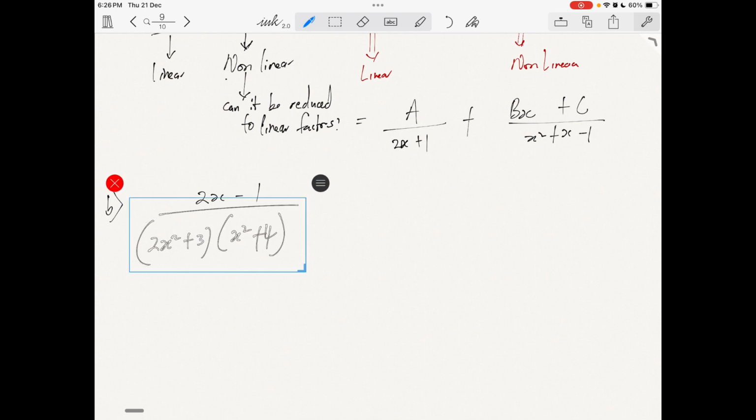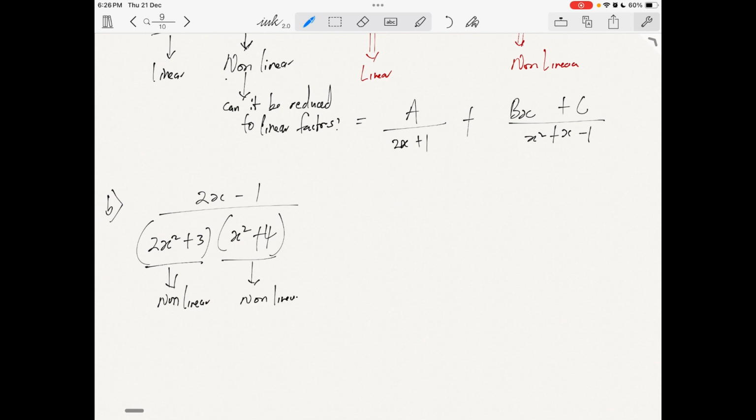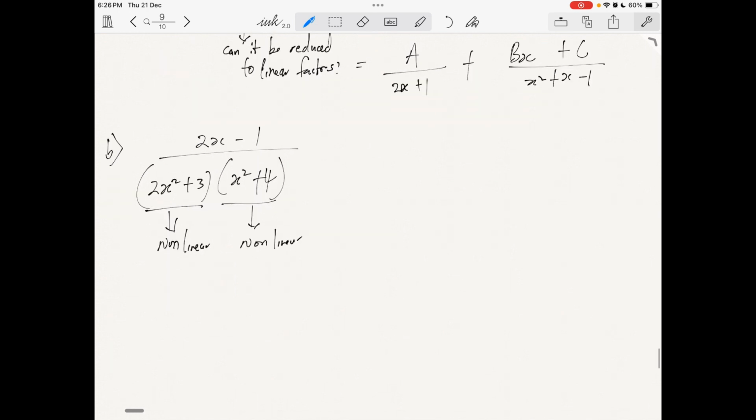Are the factors linear or non-linear? Looks like we have squares in both denominators, so definitely they are non-linear. The next question we ask is, can they be reduced to linear factors without leading to complex numbers?